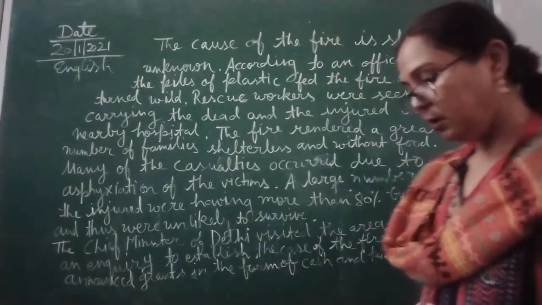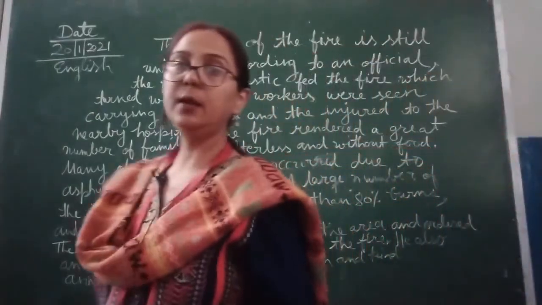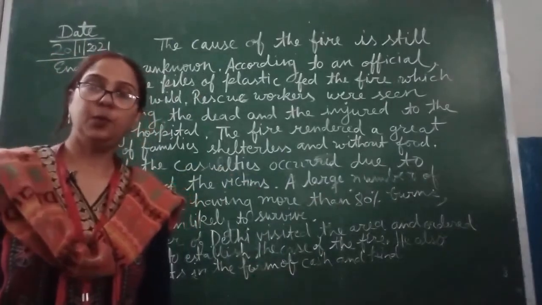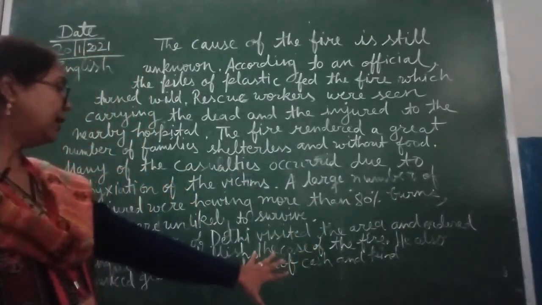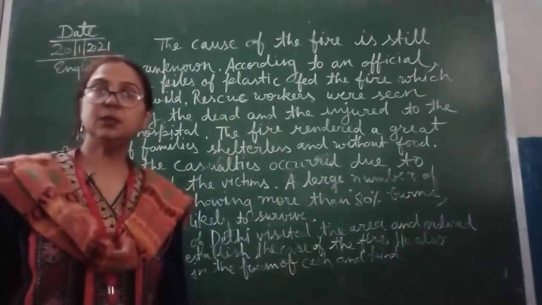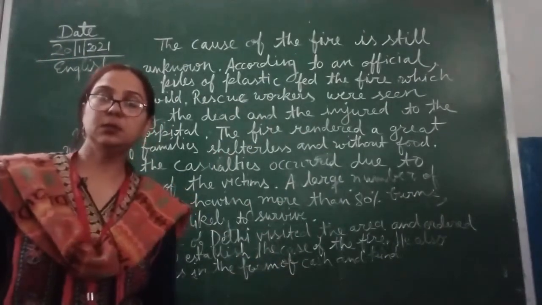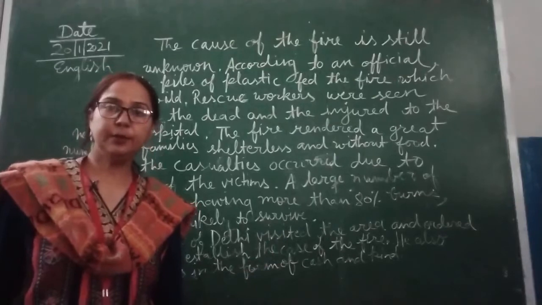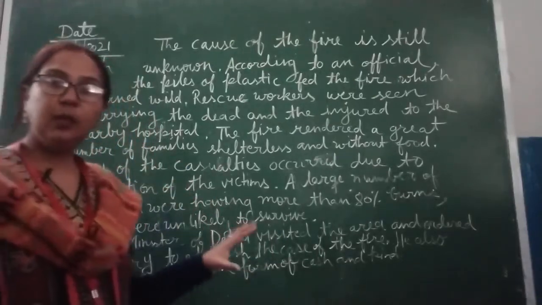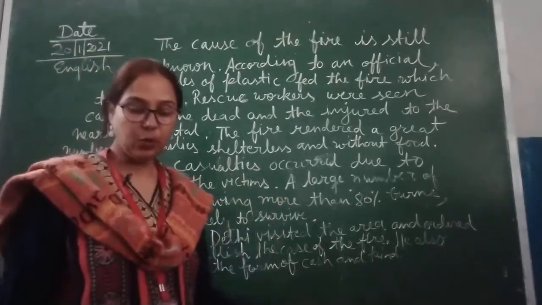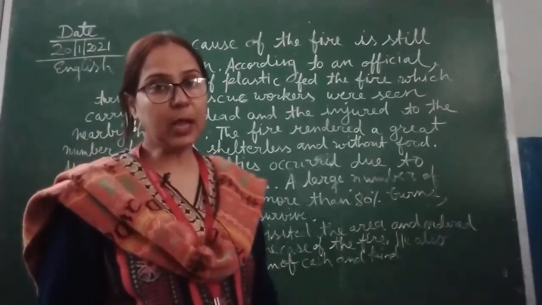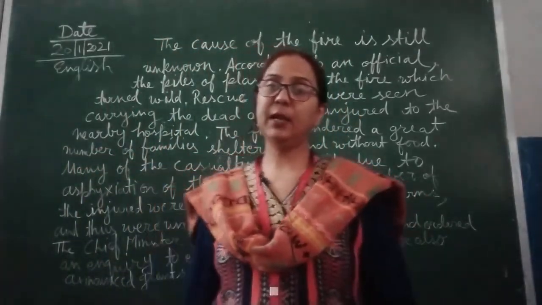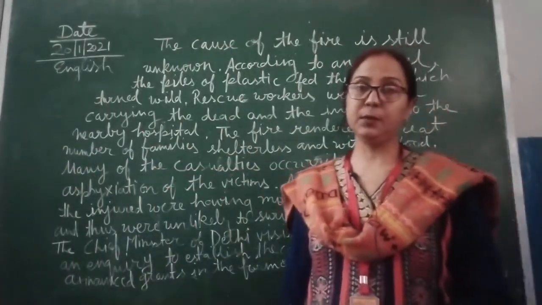Now here we have concluded our newspaper report. Now the conclusion is that the Chief Minister has announced some relief for the victims. Now children, everything you have mentioned over here, whatever you have seen by your own eyes, and the facts you have gathered and collected from the nearby people.